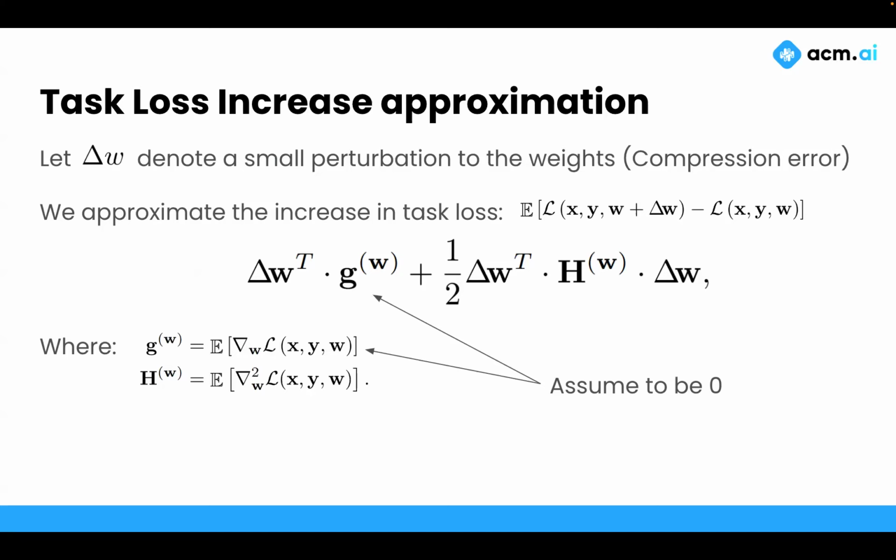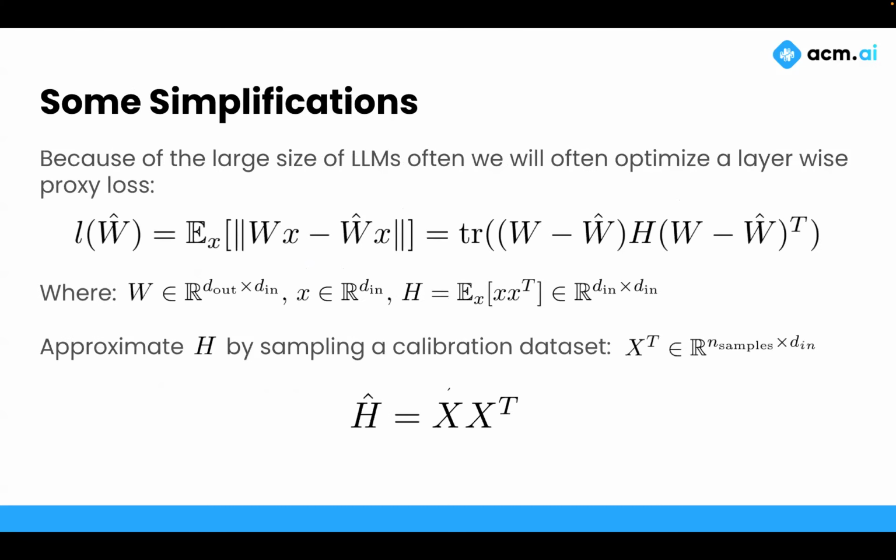We ignore terms higher than 2 because we assume delta W is small enough that that's possible. So then we're left with the following Taylor series expansion. If we assume the model is well converged, then this gradient term will vanish because it will be close to 0.